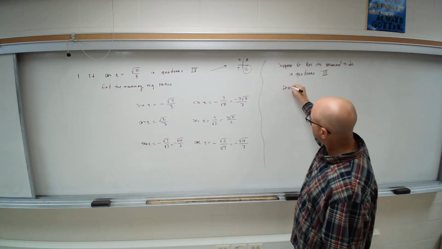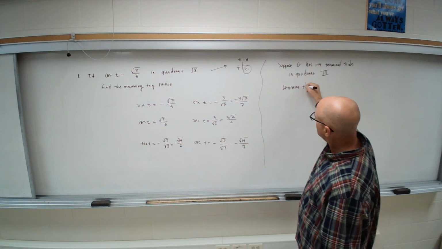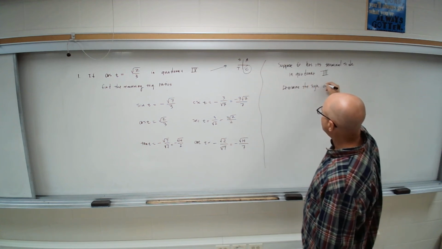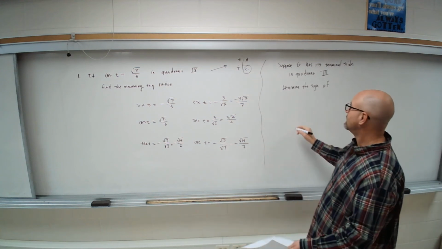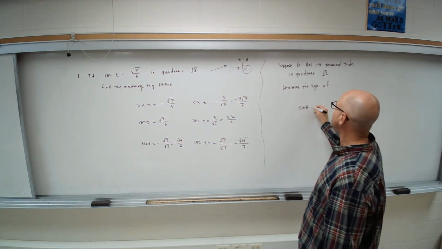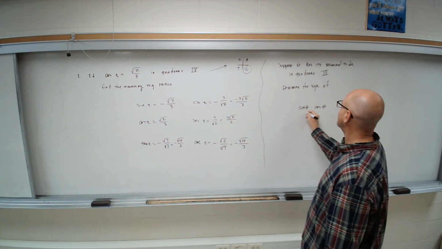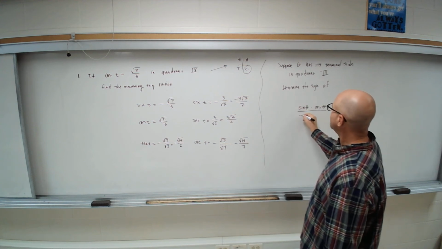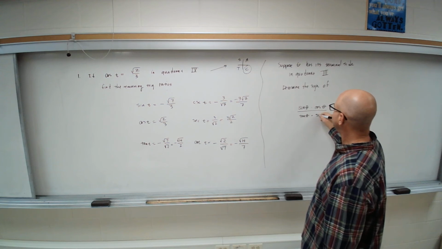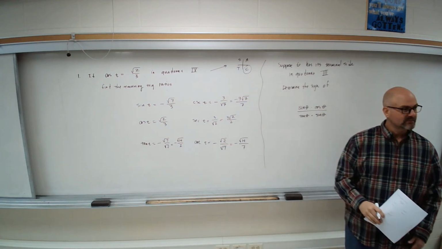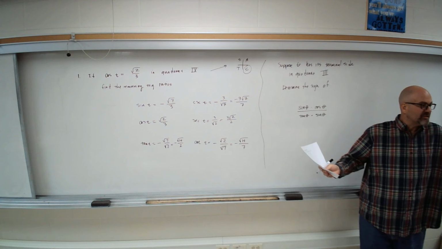Determine the sign, S-I-G-N, of, we just get to make stuff up, the sine of theta times the cosine of theta divided by the tangent of theta times the sine of theta. It's just some expression, right?